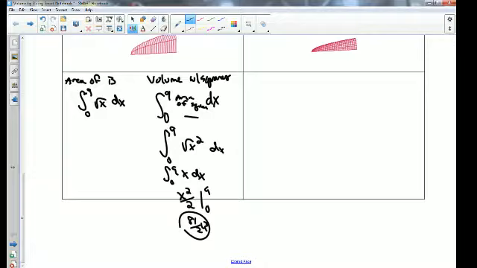It's just a U, right? U cubed. 81 over 2 cubic units. Okay. Any questions?